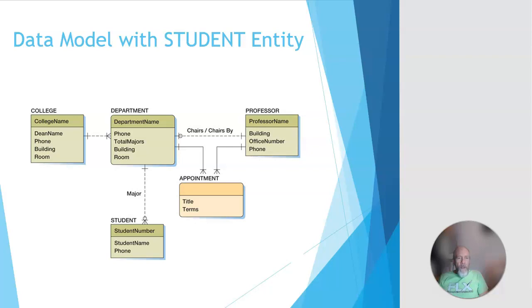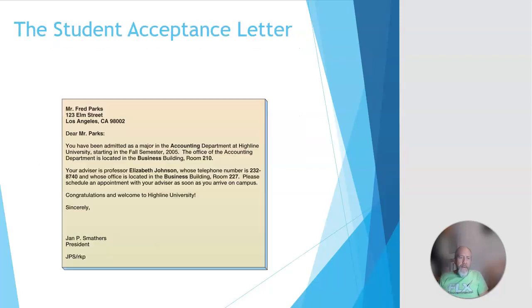And where do we use this data? Well, one of the things would be an auto-generation of an acceptance letter. So note, if you look at this specific acceptance letter, these are auto-generated. They go to the database and pull the student address, "Dear student name, you've been admitted as a major in accounting department." Okay, that's a variable.